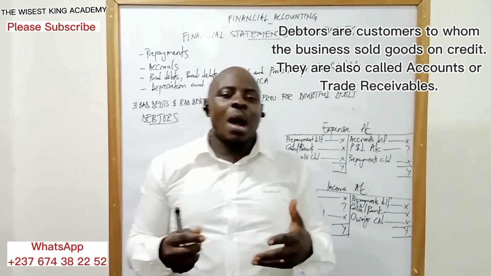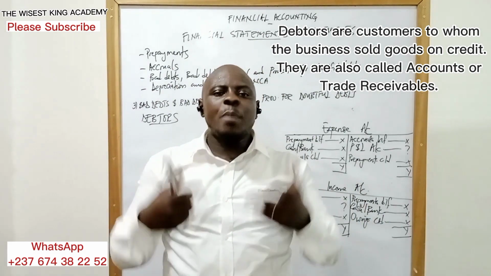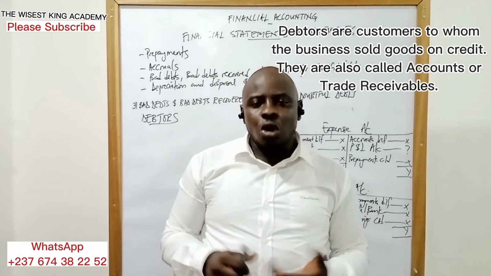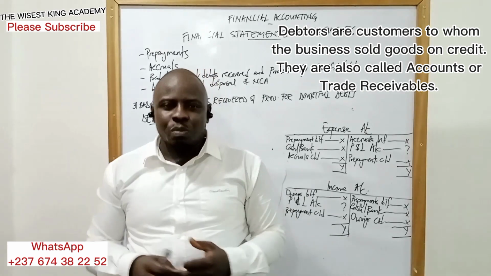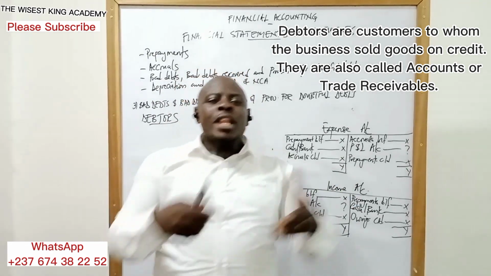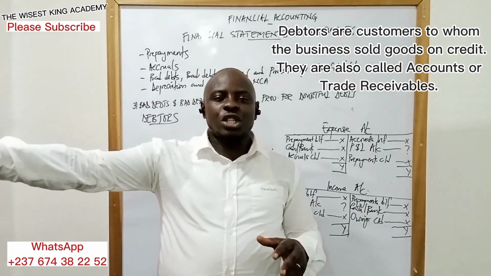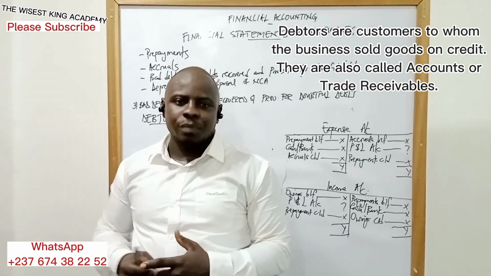Here we are talking about customers to whom we sell goods on credit, to whom we provide services on credit. The business world is very competitive, and now many people want to go into business, but on favorable terms. What if you tell your customers it's cash and carry? Your next competitor will tell them, come and take, go and sell, and come and pay.